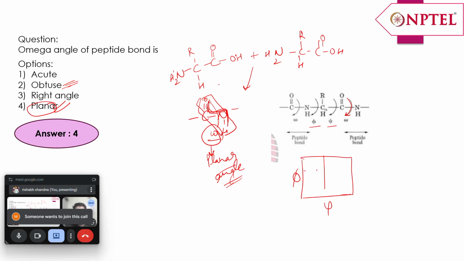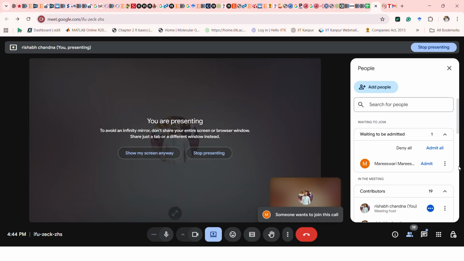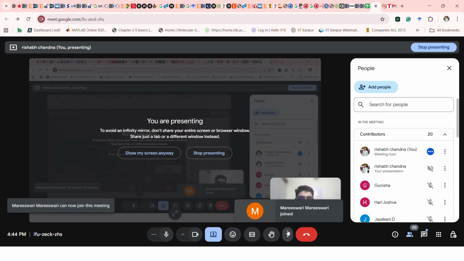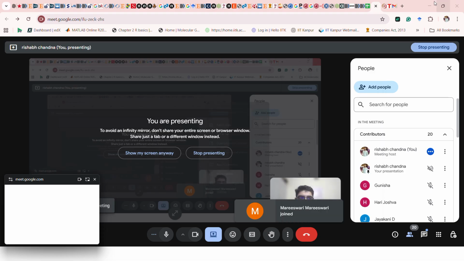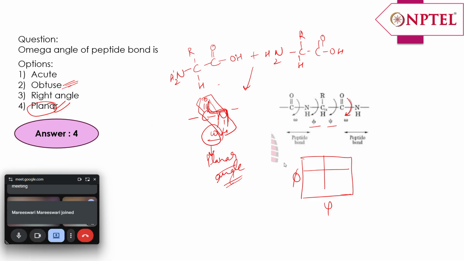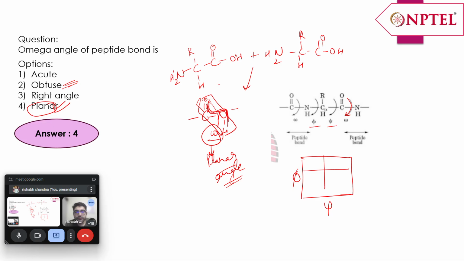This is how it is plotted. Here are the phi angles starting from minus 180 to plus 180, and here are the psi angles starting from minus 180 to plus 180. So the whole rotation from minus 180 to plus 180 would give the Ramachandran plot.